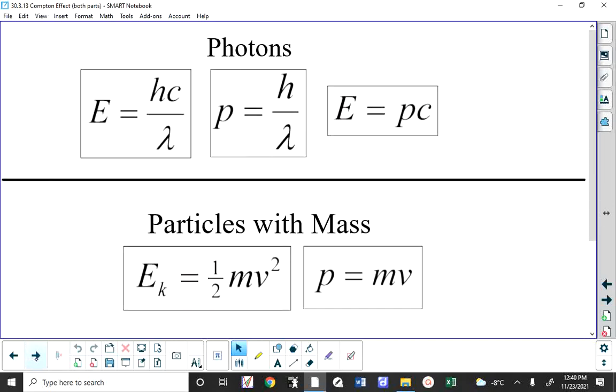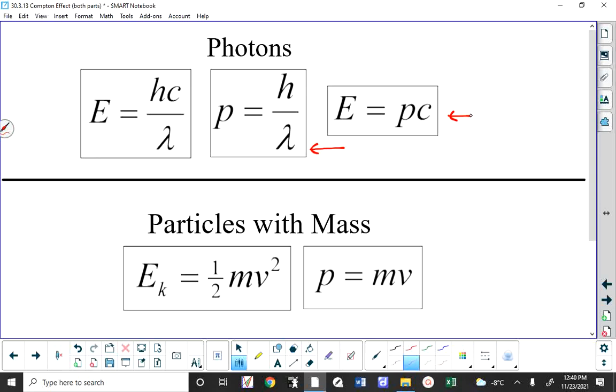And it leads us, I'll just go right to the formulas, to the formula in the middle and the formula on the right at the top of the screen. These two formulas are new as of yesterday, and they are how you can find the momentum of a photon.